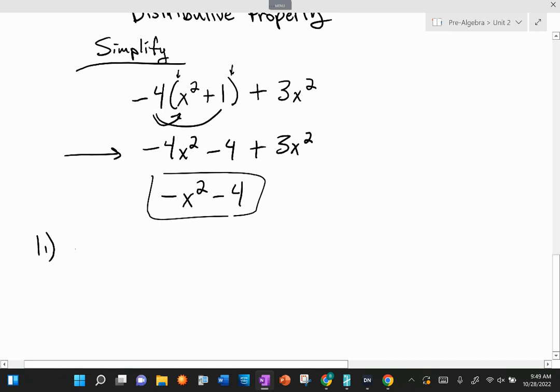Okay, so try these. We've got x squared plus 3 times x squared plus 1 minus 5.